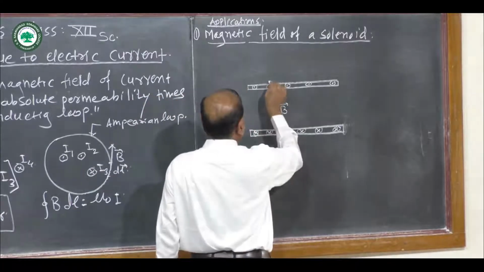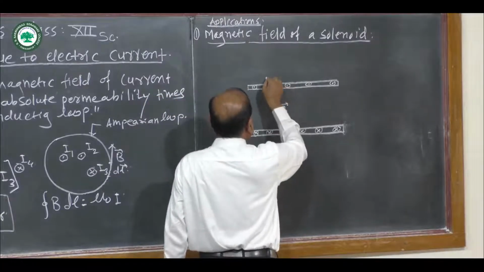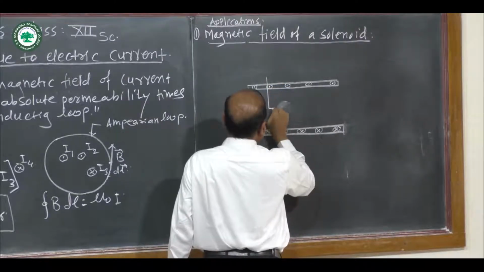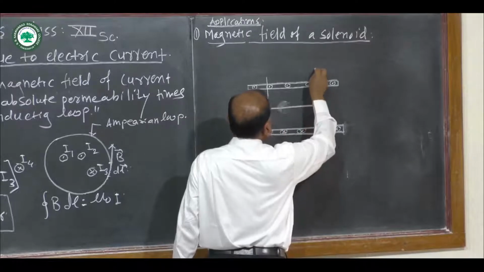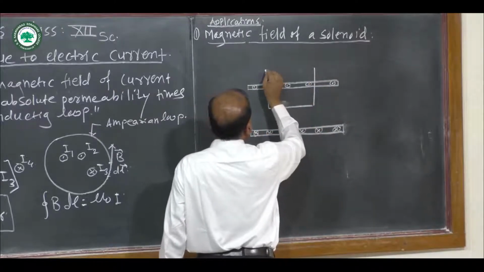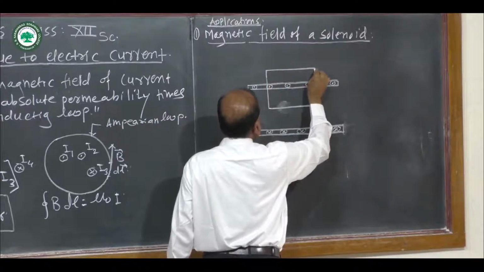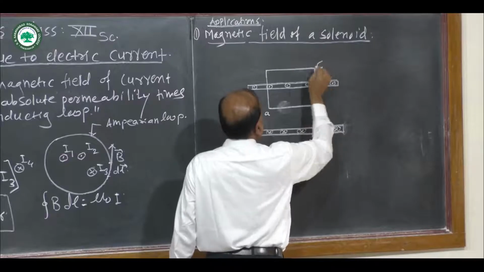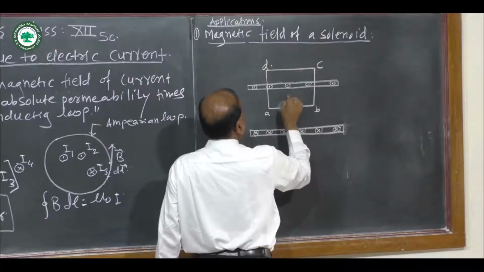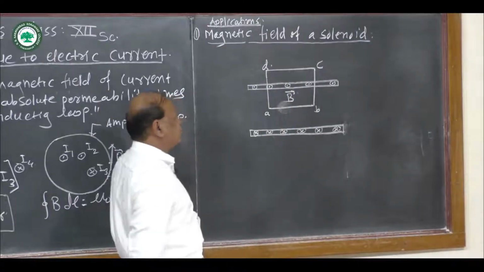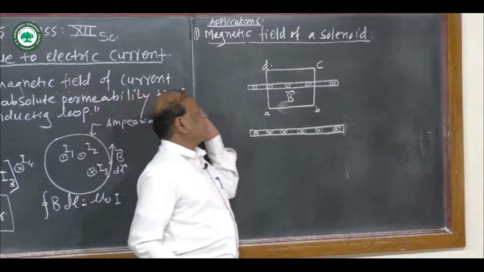For simplicity, we draw here a rectangular loop. This is a loop ABCD, and here is the magnetic field, which is directed like this.